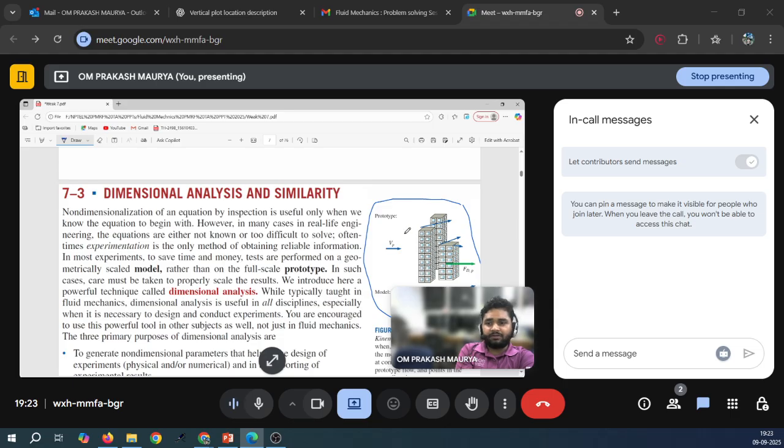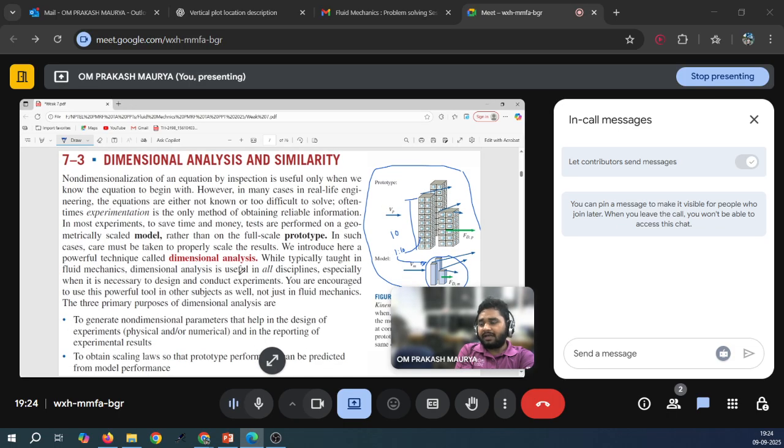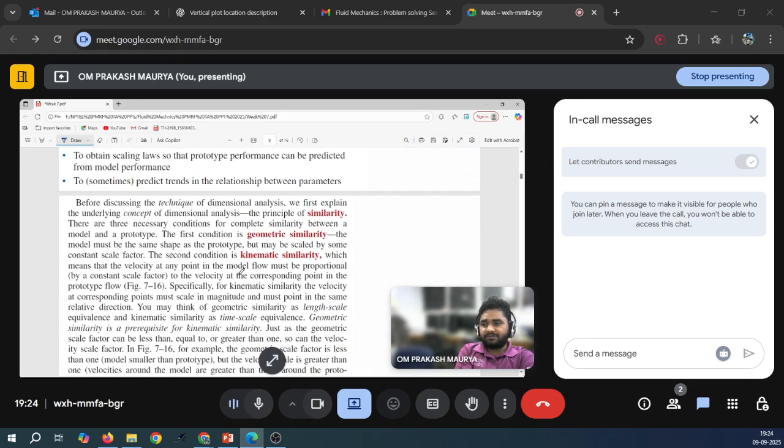If the vertical distance is, let us suppose, 10 meter, we consider a scale of 1 to 10, meaning 10 meter actual is converted into 1 meter of model, which we measure in the laboratory. For dimensional analysis or dimensional similarity, we have to maintain three things.